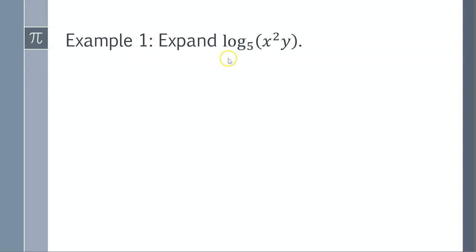We want to expand log base 5 of x squared times y. So first things first, I can use the product rule to solve this.